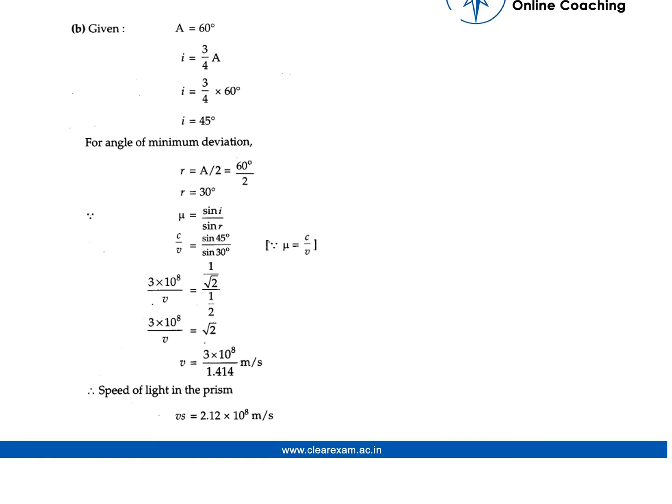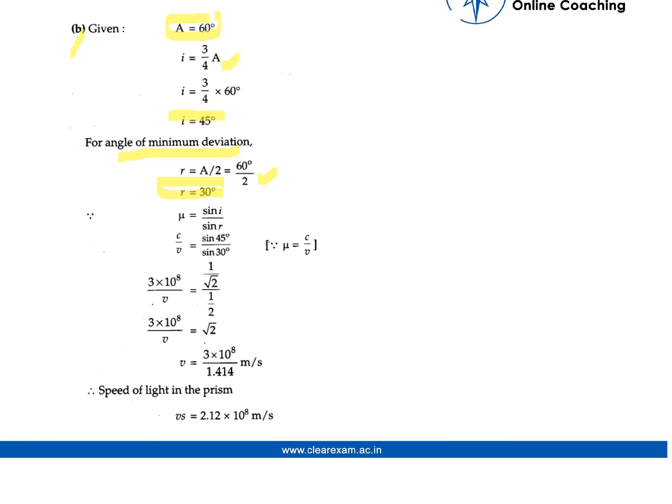Now solving the B part of the OR question. We are given that A is 60 degrees, so i is 3/4 of A, which is 45 degrees. For angle of minimum deviation, r is A/2, that is 60 degrees by 2, so r is 30 degrees.